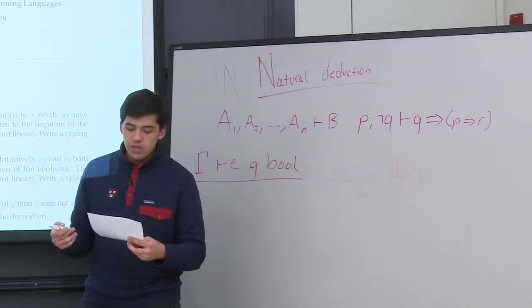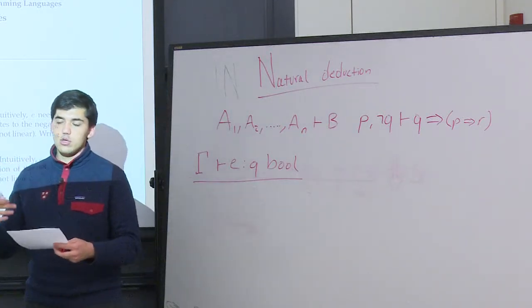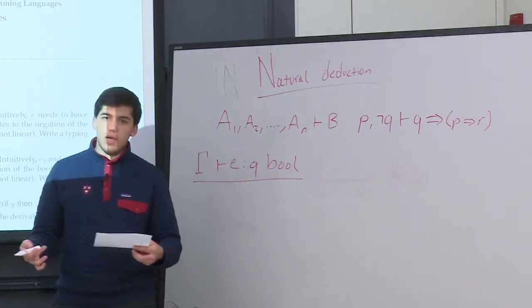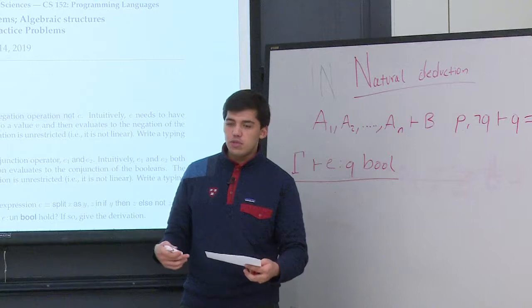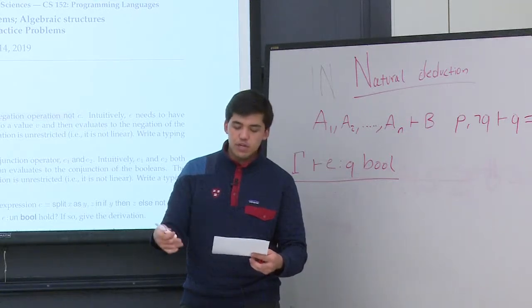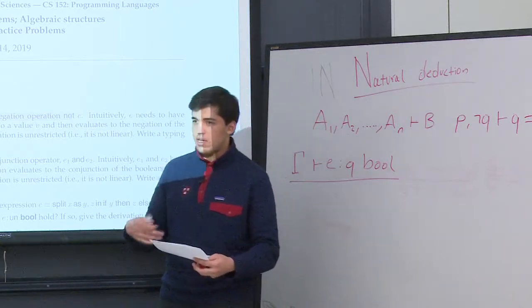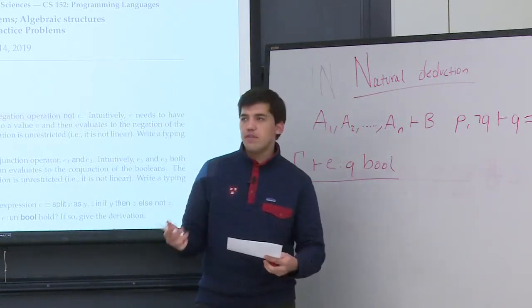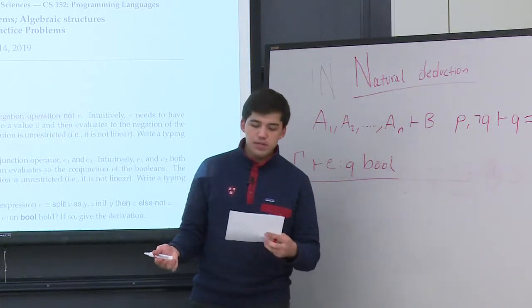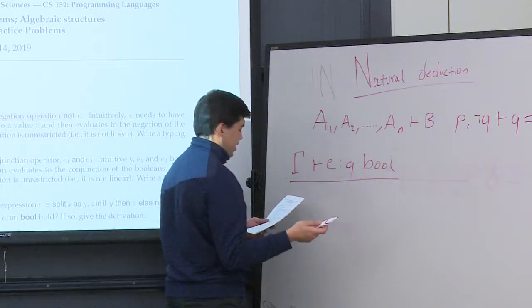If I were to give you lin true, would it be the case that I can use this expression that is equal to lin true at most once? Yes, because that's what the definition of a linear type is. But we can use this negative in however way we want. And as the problem hints, this is going to be an unrestricted variable.